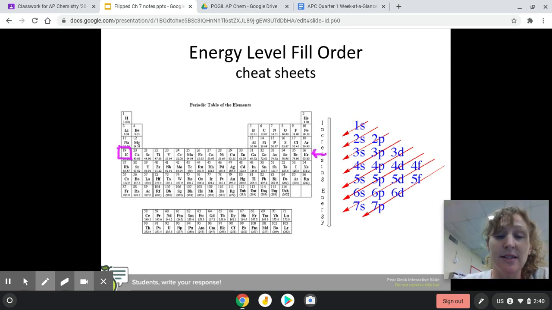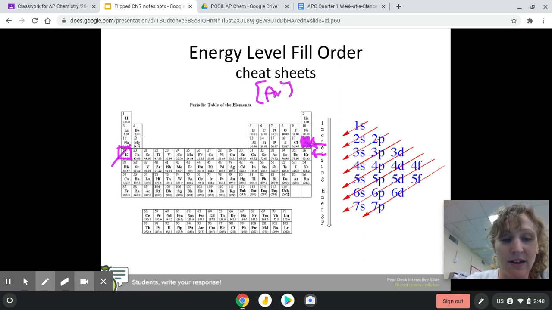Krypton has 36 electrons. That's more electrons than I have when I'm dealing with potassium. I'm going to use argon, which has 18 electrons. So again, if you're using the periodic table to write out these electron configurations, you're going to write argon in brackets. That's this one.